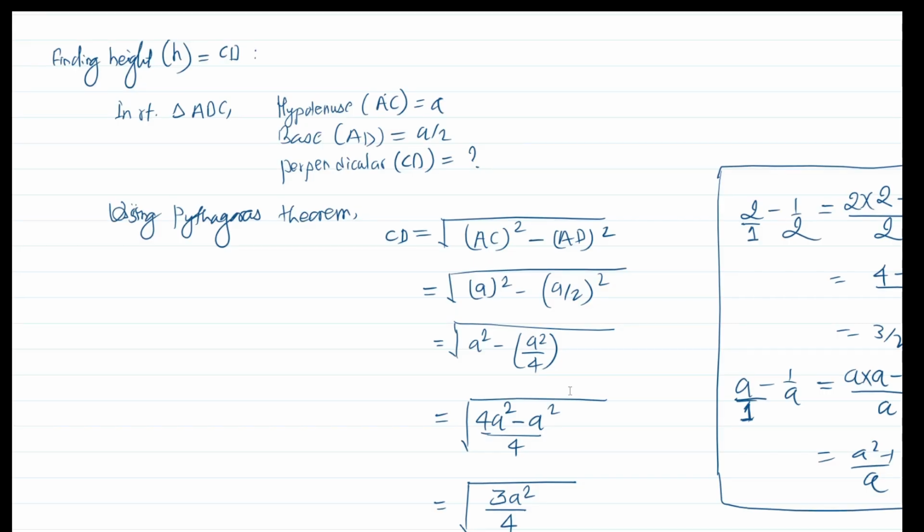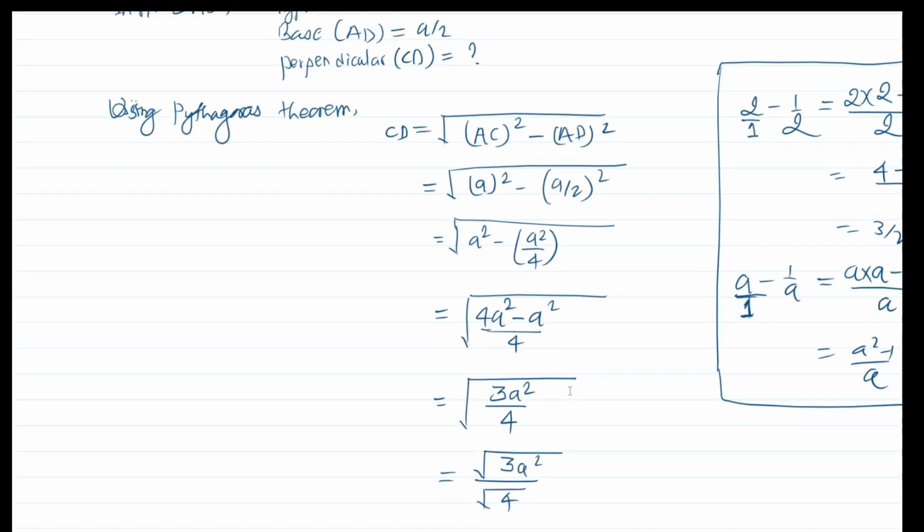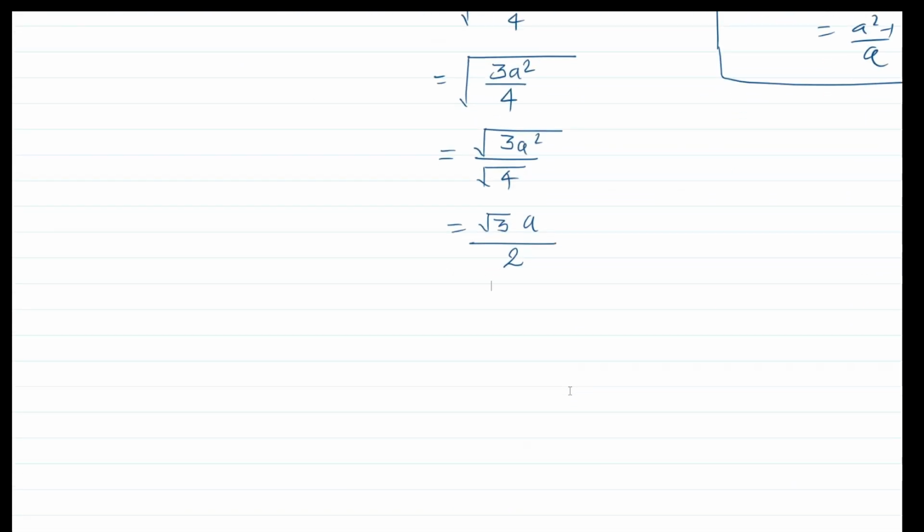And we know the height and base, so area of equilateral triangle ABC will be area of right angle triangle.